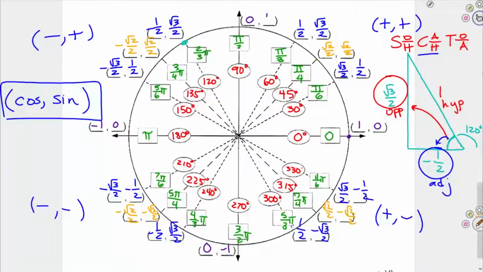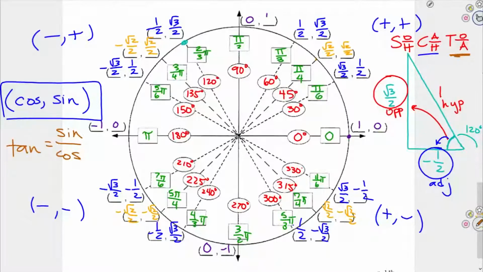Now, if you needed to know the tangent of an angle, that's not sitting here directly in the unit circle, but we can divide the opposite over the adjacent, which happens to be the sine over the cosine. So if you asked me to find the tangent of my 120 degrees right here, I would think through, okay, the sine is √3/2, the cosine is -1/2.